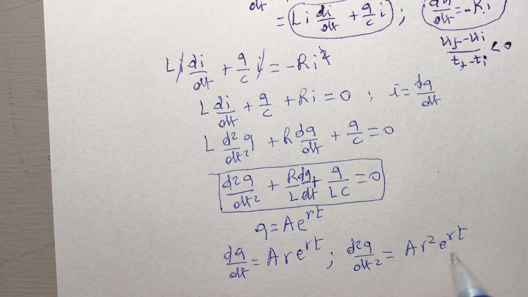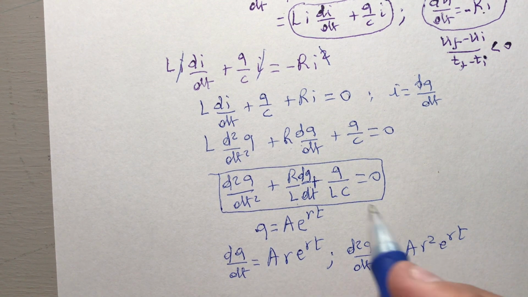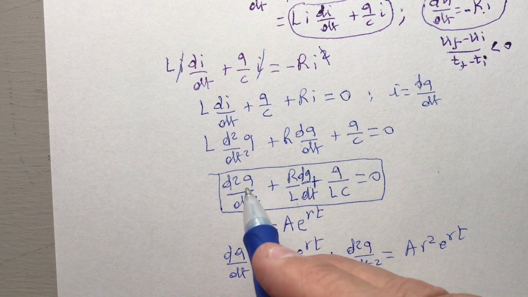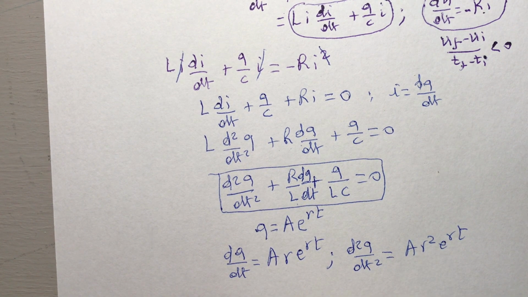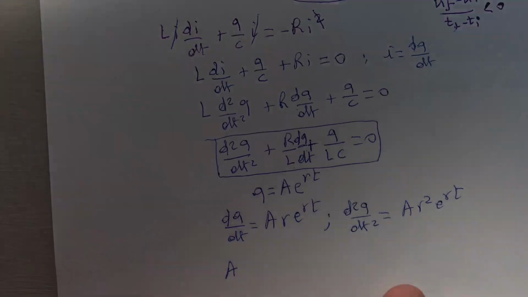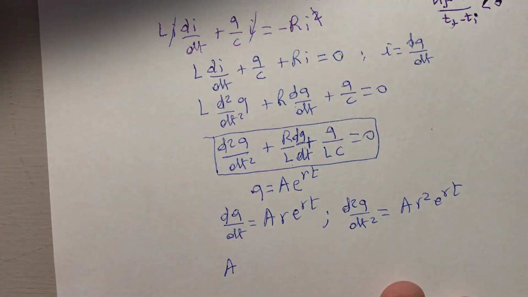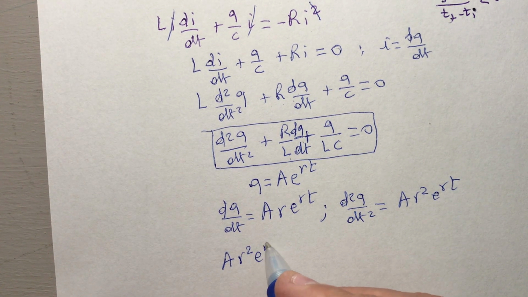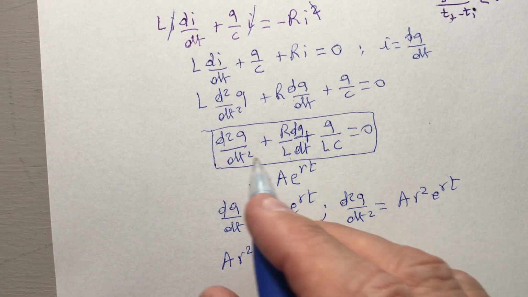Now I have this second derivative and first derivative, and we put them back into the differential equation. So let's put this back here. So I have A r squared e to the rt. Took this, put it there.